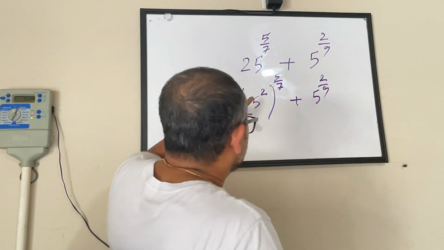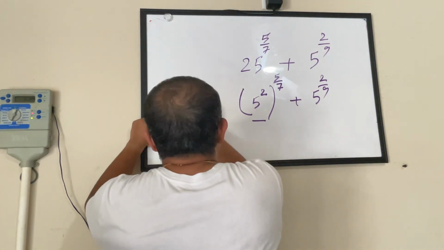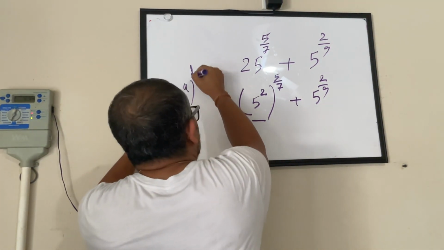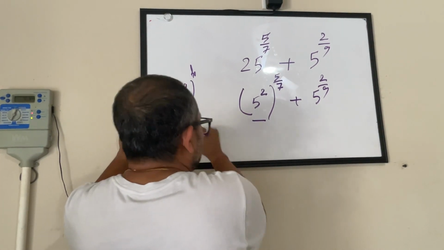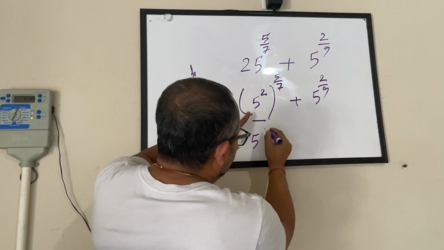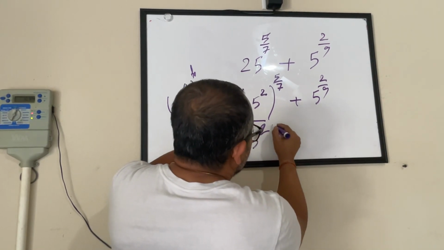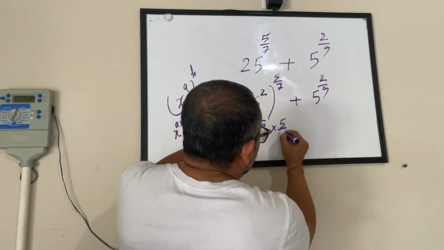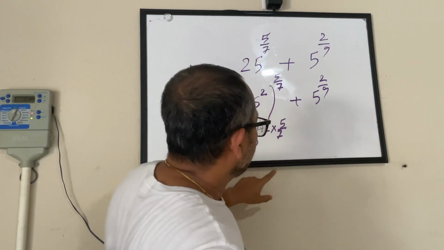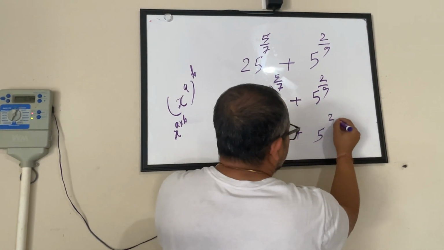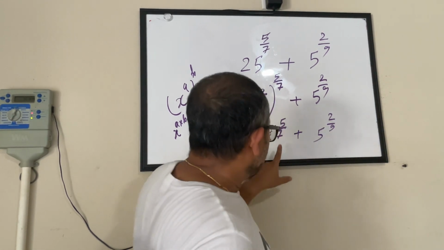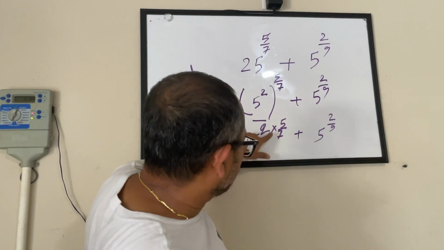Now, this is the form of x to the power a to the power b, so it becomes x to the power a into b. So it will become 5 to the power a, which is 2, into b, 5 by 7, plus whatever is here, which remains as is. So this is 5 to the power 2 into 5 by 7.